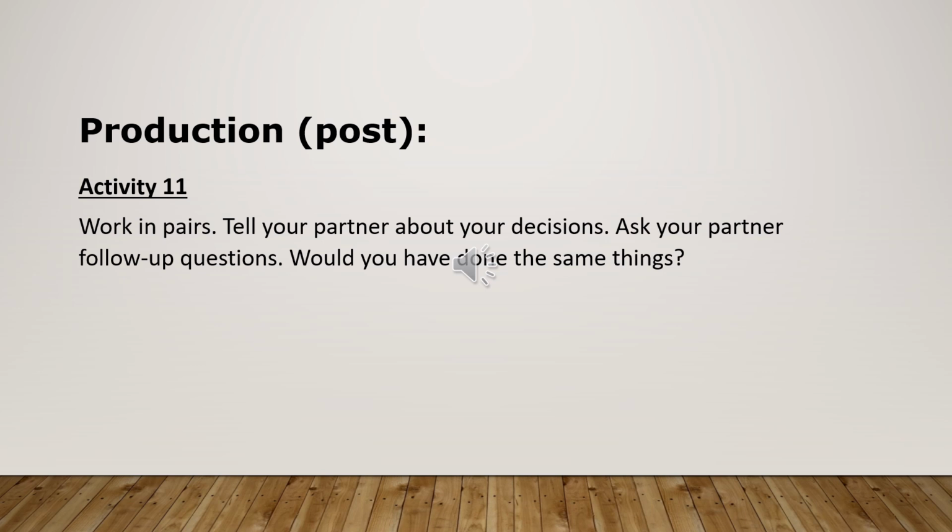In this activity, learners are going to practice listening, because they are going to listen to the partner. Production, because they have to write or prepare the words that they are going to say to the partner.